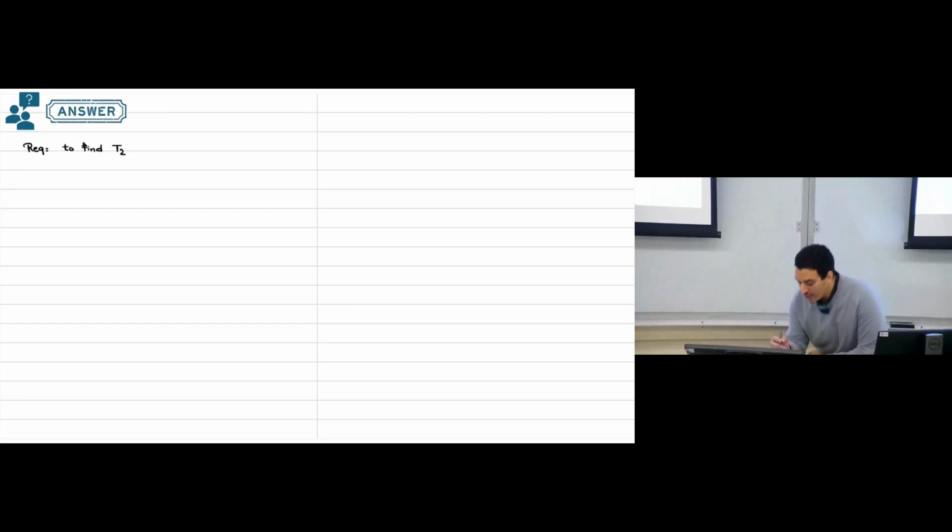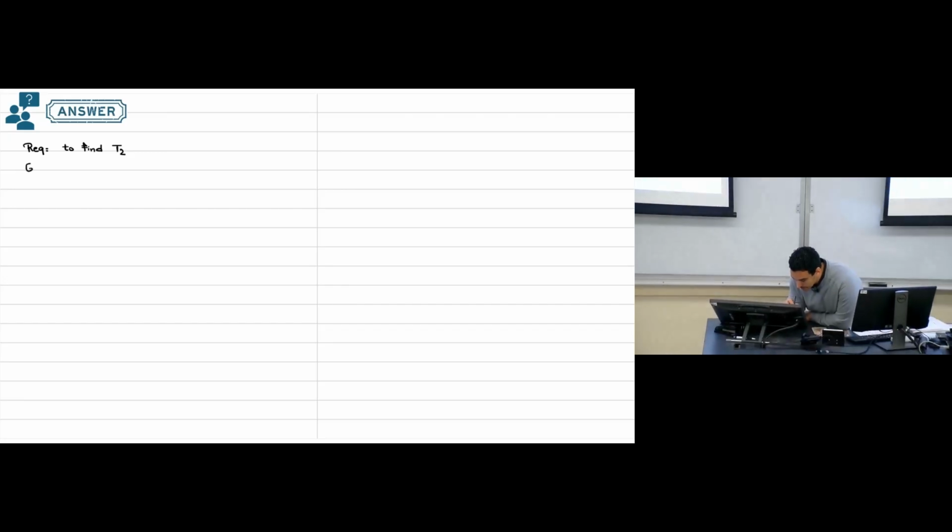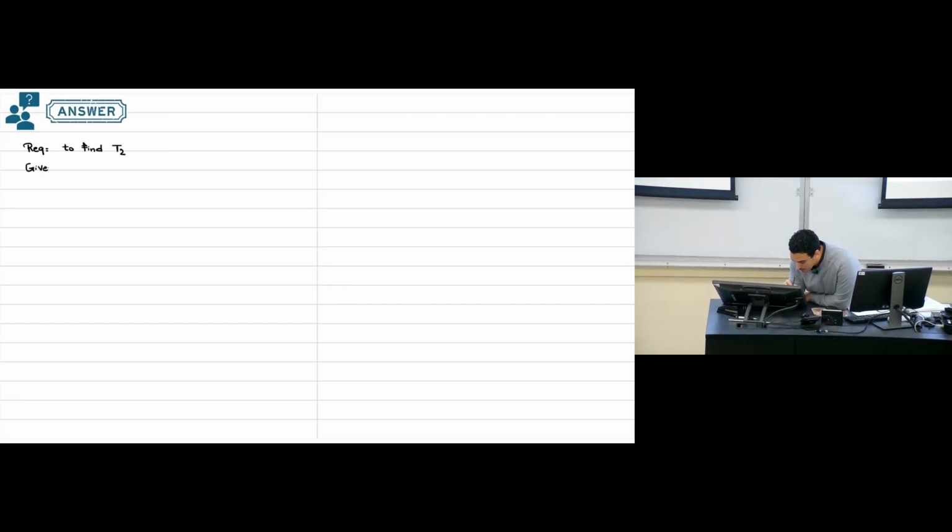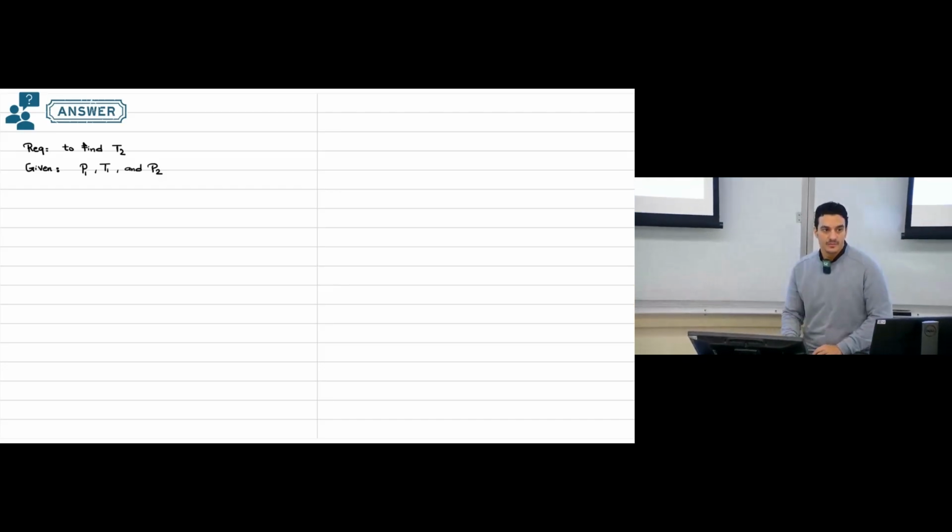the outlet temperature. We have given the inlet pressure, inlet temperature, and outlet pressure. Let's call it P2. So T1, the inlet temperature, is given.